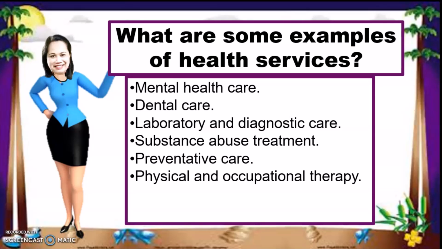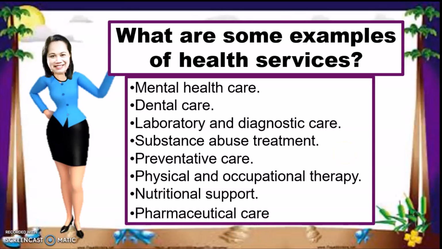For example, you have a bone fracture or a broken bone, so you go to the physical and occupational therapies. And then in nutritional support, for example, the multivitamins that we need, you go to the nutritional support because, for example, you lack nourishment.